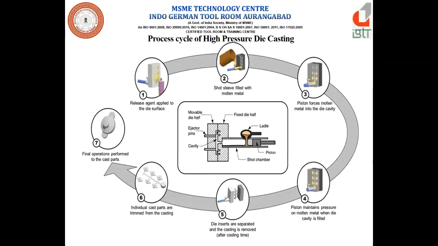After this, for the ejected material, whatever casting we get after the ejection process, we need to trim the excess material that forms a part of the gate, runner system and overflows. We have to trim those parts to get the final part.